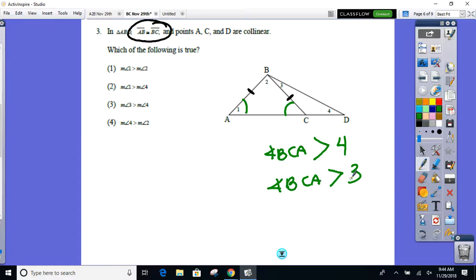Angle BCA is congruent to angle 1. So everywhere I see BCA, what can I put in? So angle 1 is also bigger than 4, and angle 1 is also bigger than 3. And I think that's one of my choices up there. All right, 1 bigger than 4.